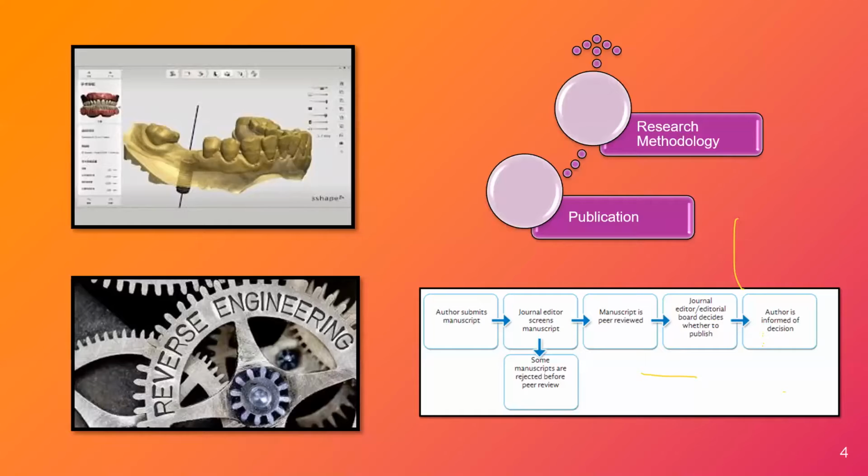Therefore, this is the point that you need to think of when you are actually drafting your research. Of course, you follow all basic principles of research methodology, but while you are formulating your research, you think about what the critics over there would ask you once you were to publish it. That is what I mean by going in the reverse direction.